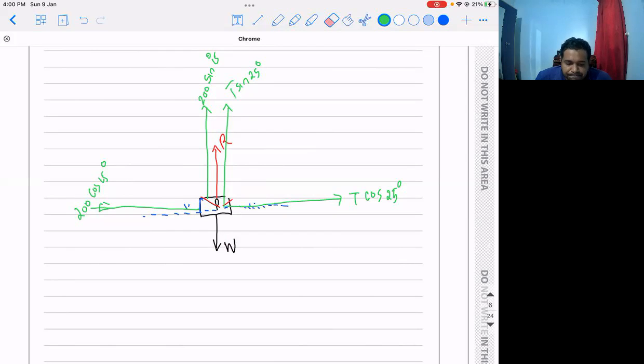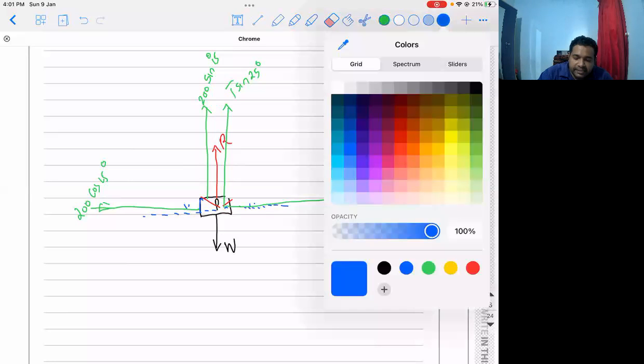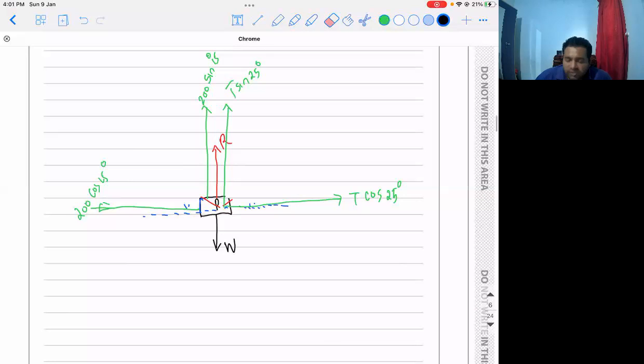We just assume that T is greater, or we just assume this particle is moving in the direction of T cos 25 degree. Since the particle is trying to move in the direction of T cos 25 degree, this will move towards right, correct?